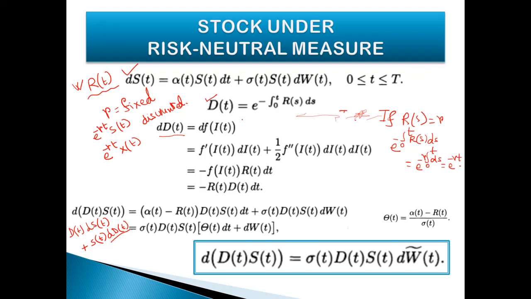How to find the dD_t? Suppose this one is e to the power minus integration 0 to t of r_s ds.